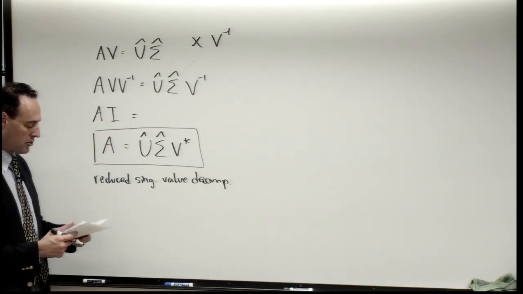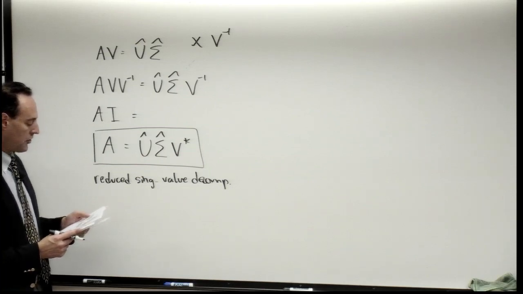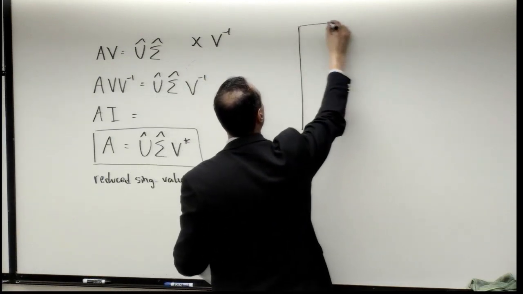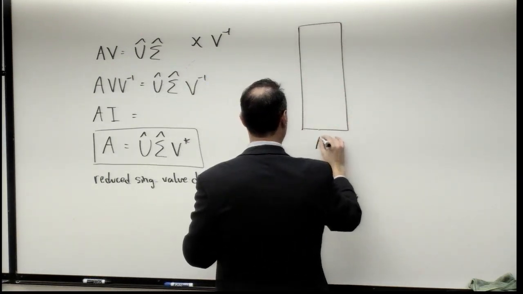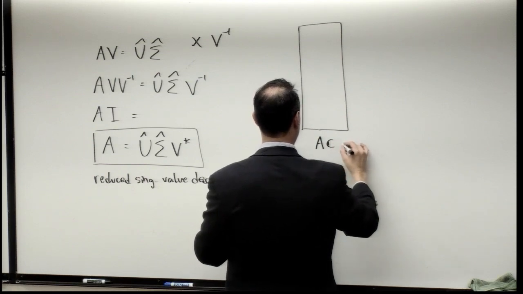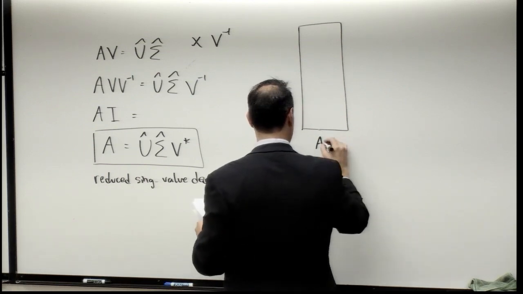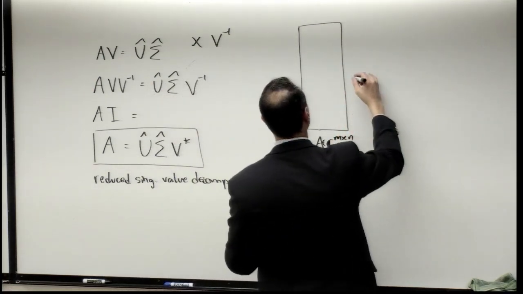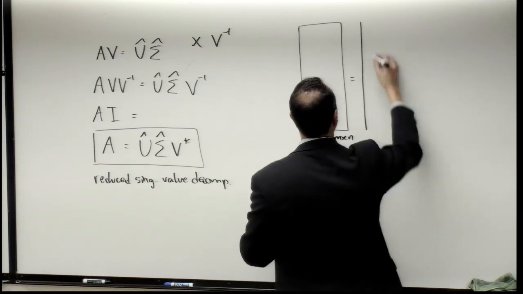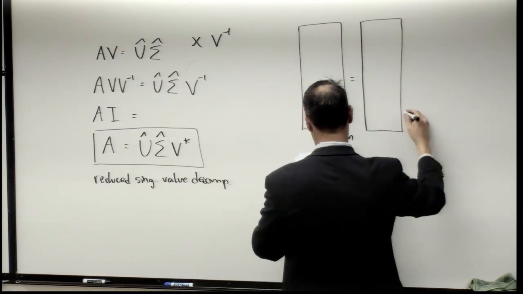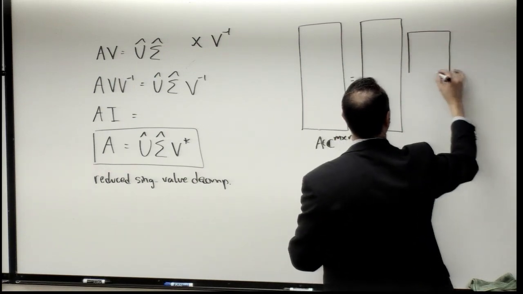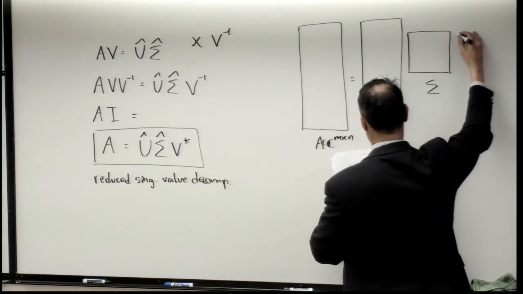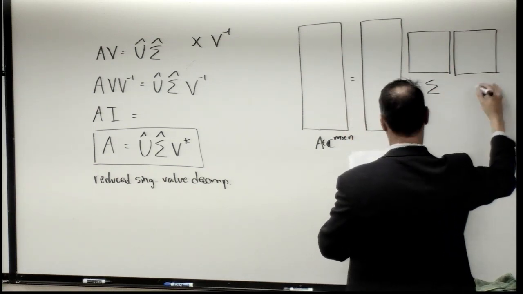Okay, but this is kind of important. So let me try to draw graphically what this thing looks like. The matrix A, if you remember, A itself is m by n, okay, is equal to U times sigma times V star.